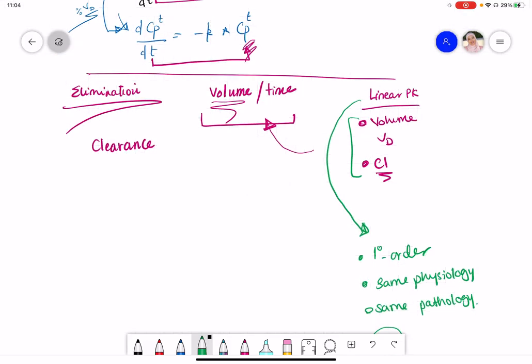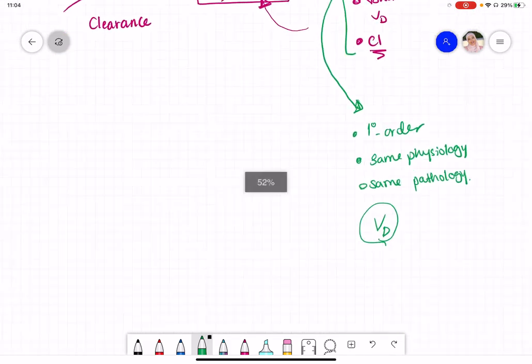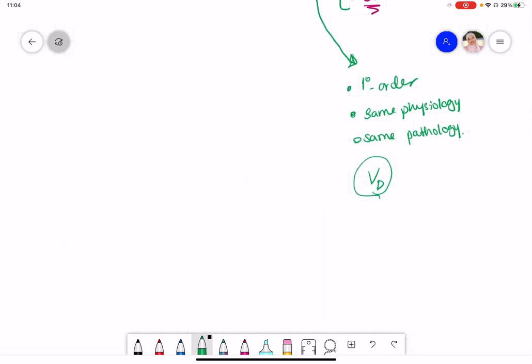And this is one of the exceptions that we have in the kinetic. It's not linear anymore, or not constant anymore, because, for example, under some pathological condition, the body goes under continuous edema, which means that the overall volume in the body is changing over time. So it's not constant anymore.